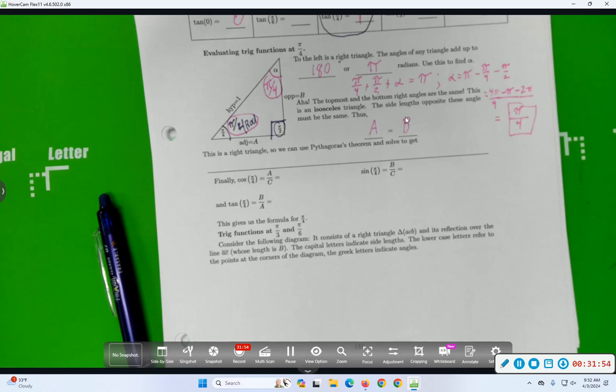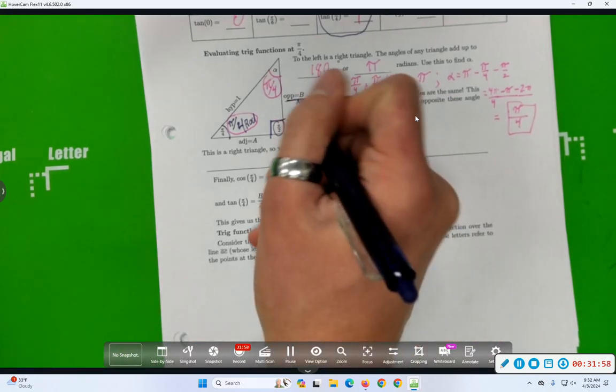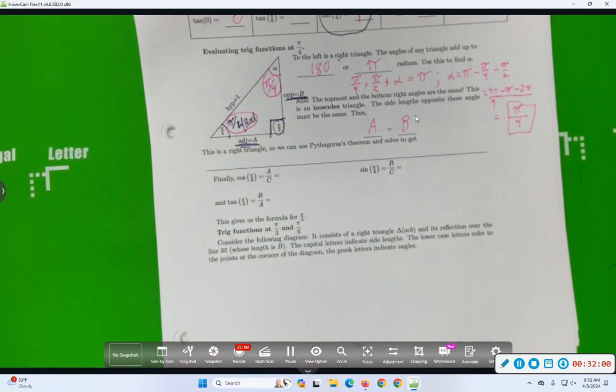So far, so good? Wait, what's B? What side are we at? So those two side lengths are equal to each other. Now let's use the Pythagorean theorem. What does the Pythagorean theorem tell me about this right triangle now?